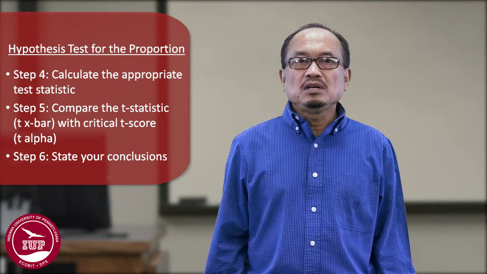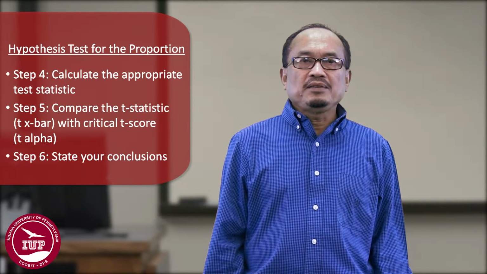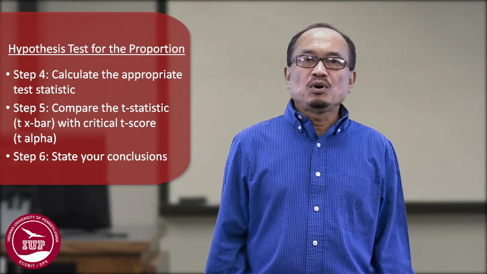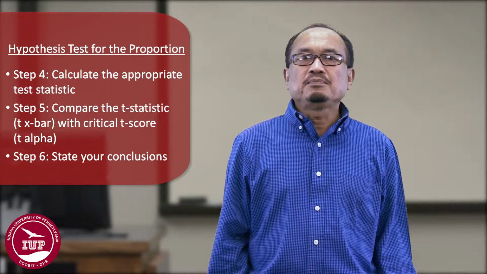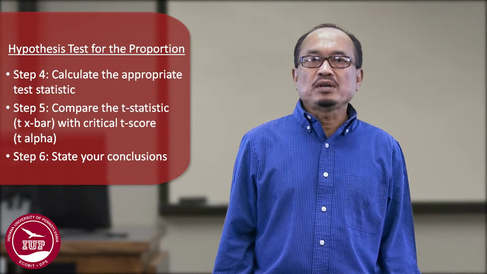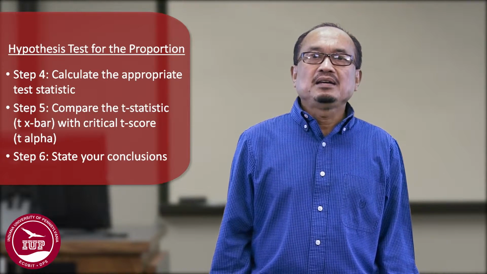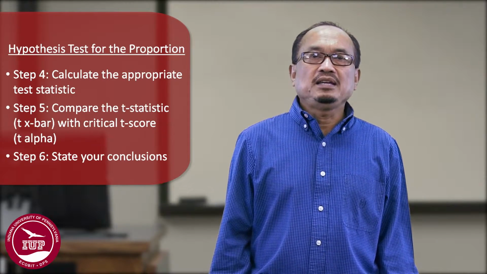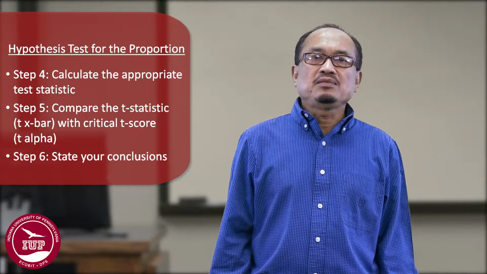This equals 0.305 minus 0.25, divided by the square root of 0.25 times 1 minus 0.25, divided by 240, equal to 1.94.